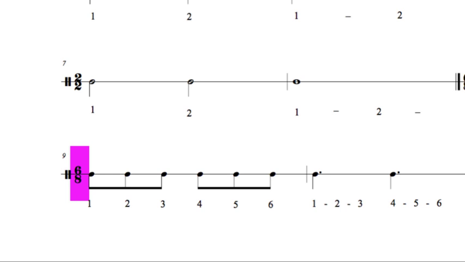But in this case, the number 8 indicates they receive one count. So the counting for this line is 1, 2, 3, 4, 5, 6, 1, 2, 3, 4, 5, 6.